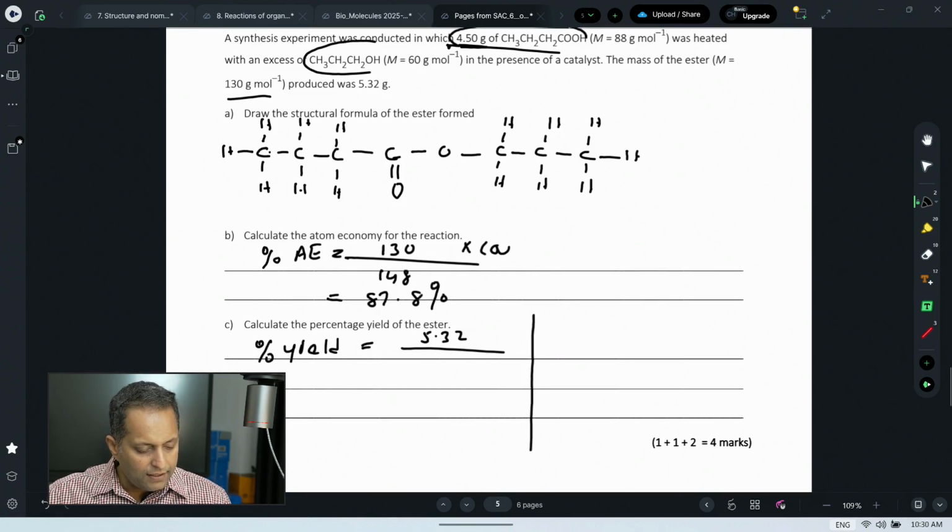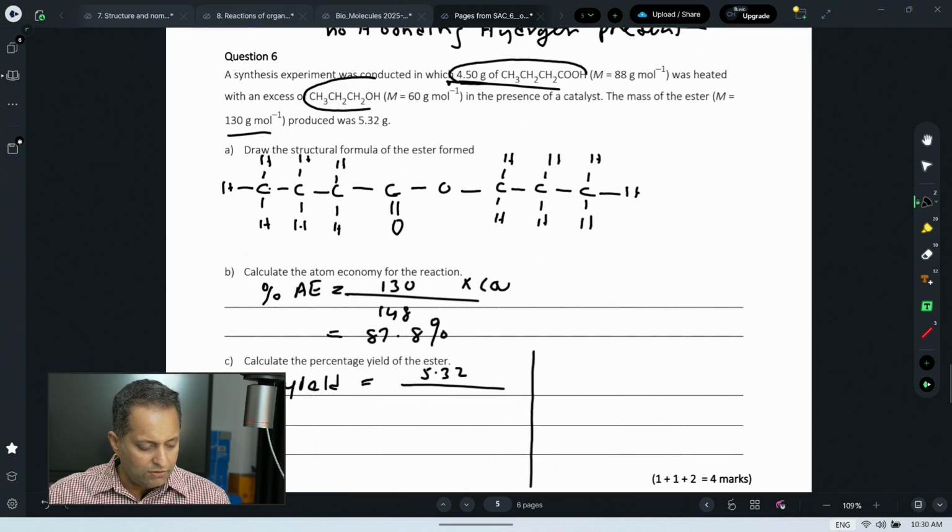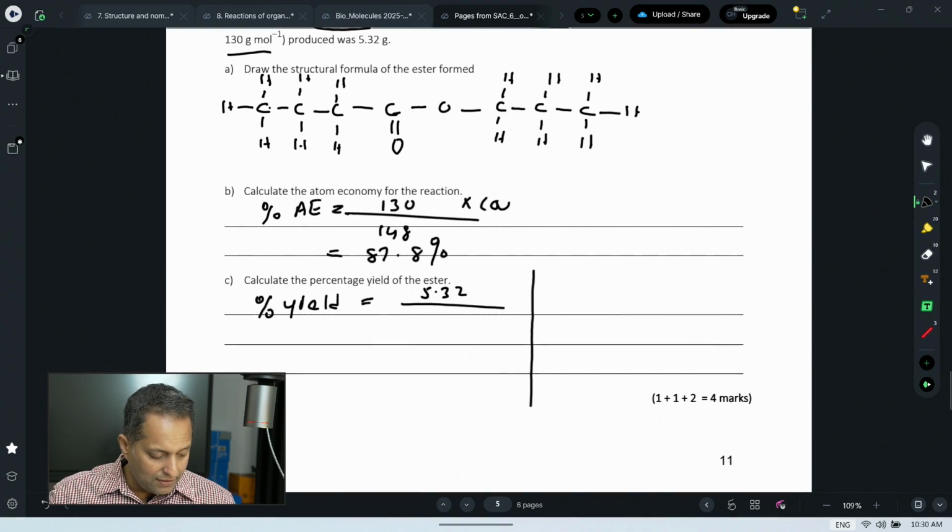In order to find the theoretical yield, firstly, you need to write a chemical reaction. I should have done that in hindsight. So what's the chemical reaction? This is butanoic acid plus propanol.